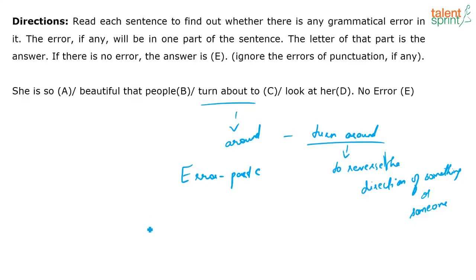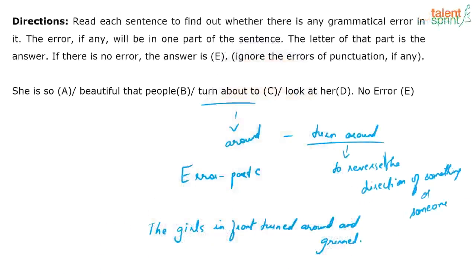So I could say, the girls in front turned around and grinned. Grin is just another way of saying that they were laughing, they were grinning. That's grinning, okay. This is my version of the grin. I'm sure people have different ways of grinning, but yeah, turned around and grinned.